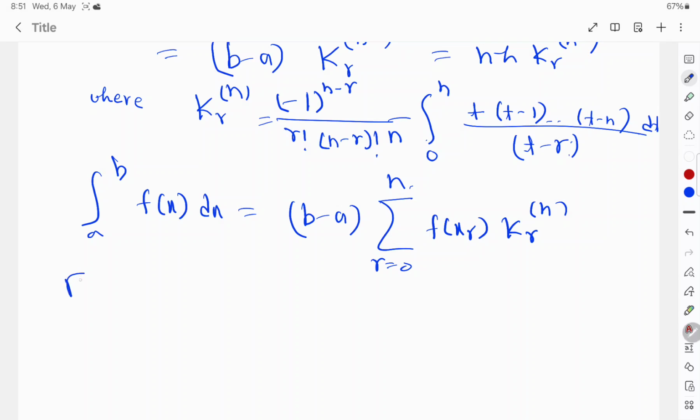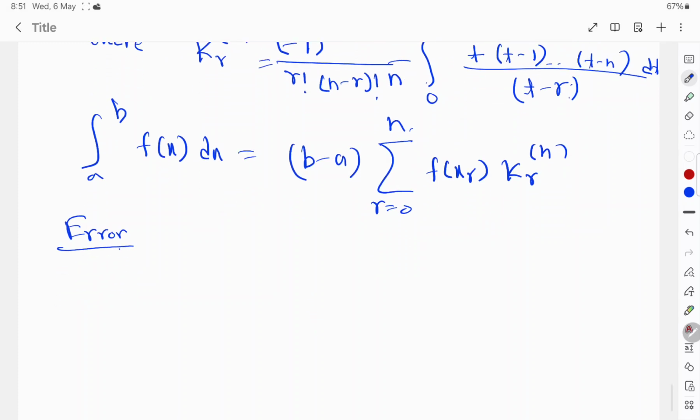Anyway, so what is the error here? So the error is integral a to b w of x. Earlier you have seen what rho n plus 1 is, that is your w x into f of n plus 1 xi type of thing.